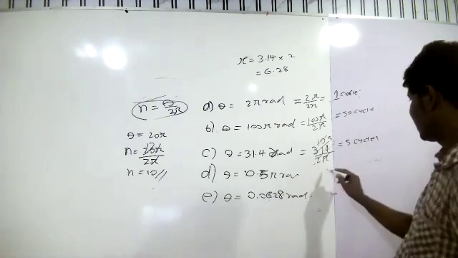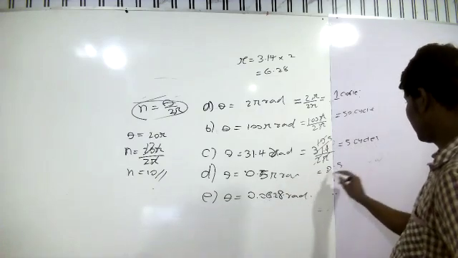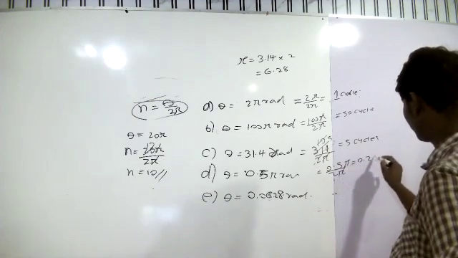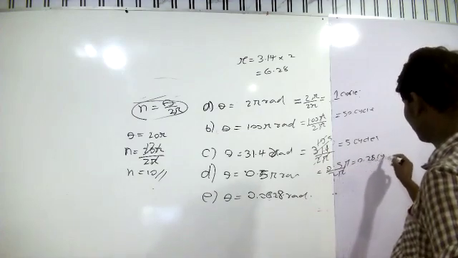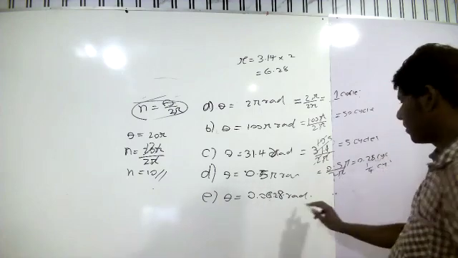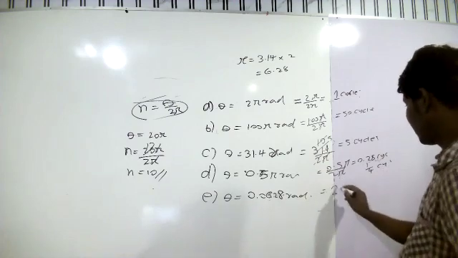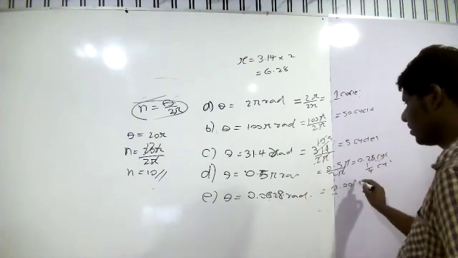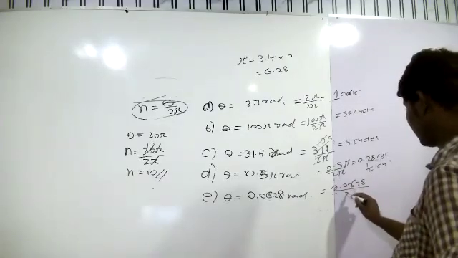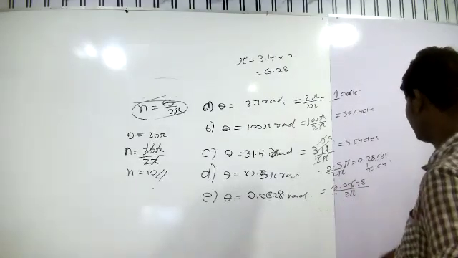Here 0.5 over 2 pi. It is 0.25 cycle, again 1 over 4 cycle. Here 0.00628 into 2 pi.